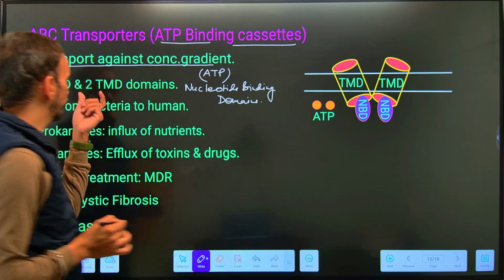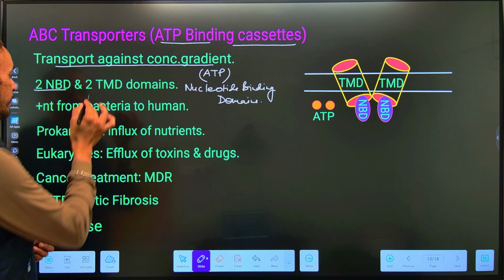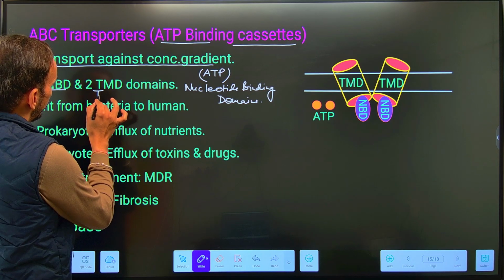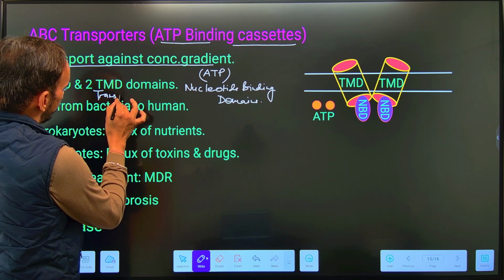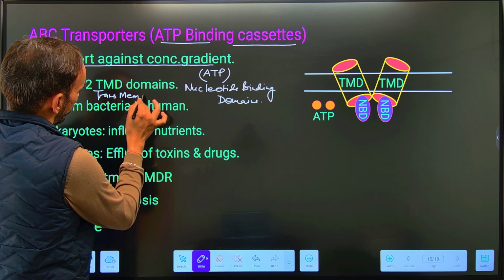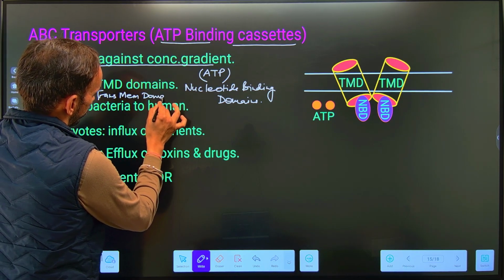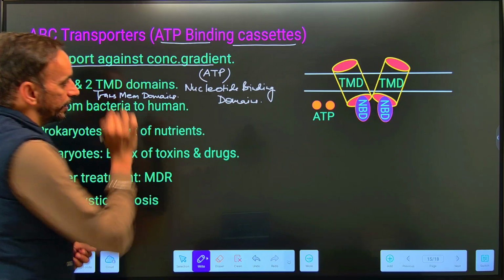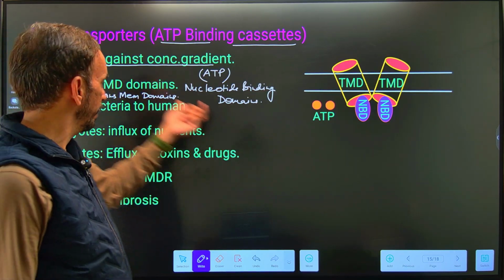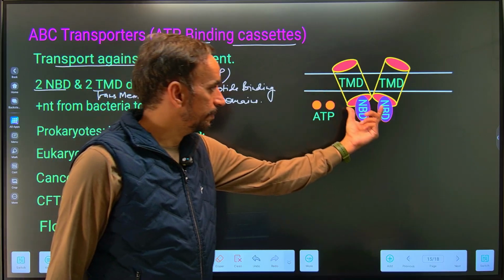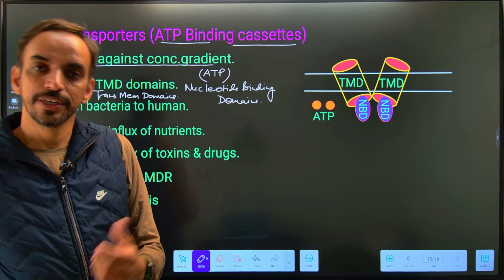And again there is a presence of two TMD domains, and TMD stands for transmembrane domains. So in ABC transporters, there is a presence of two nucleotide binding domains and two transmembrane domains, as we can observe in this particular diagram.